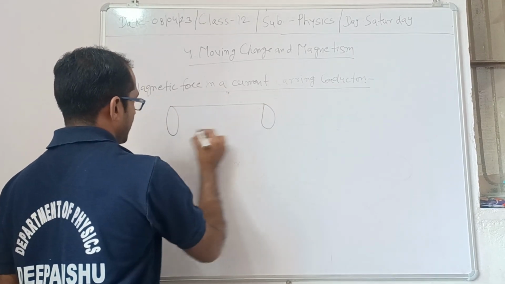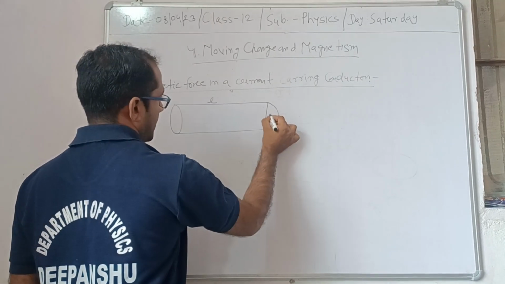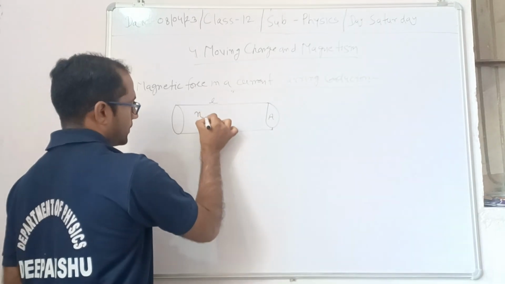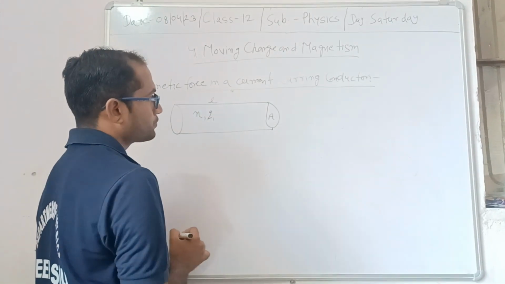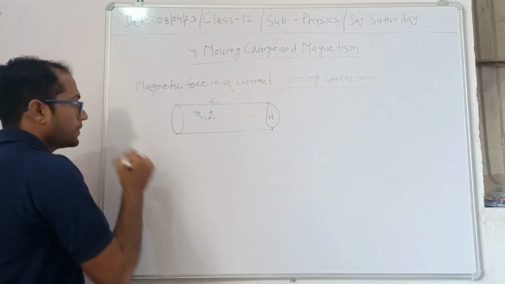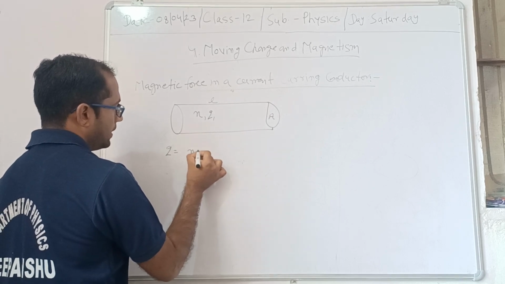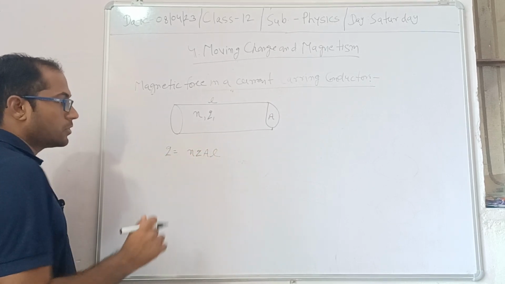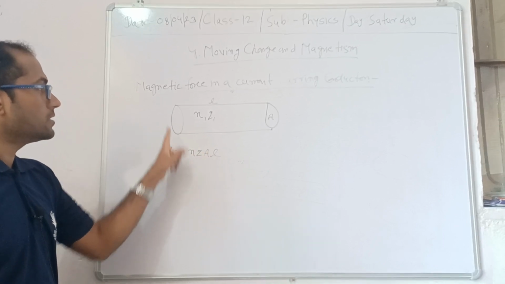Like this, the length is L, the area is A, the number of electrons per unit volume is N, and the charge of each electron is Q. So the total charge in this conductor is N Q A L. N is the number of charges, Q is the charge of one charge, and A into L is the complete volume.